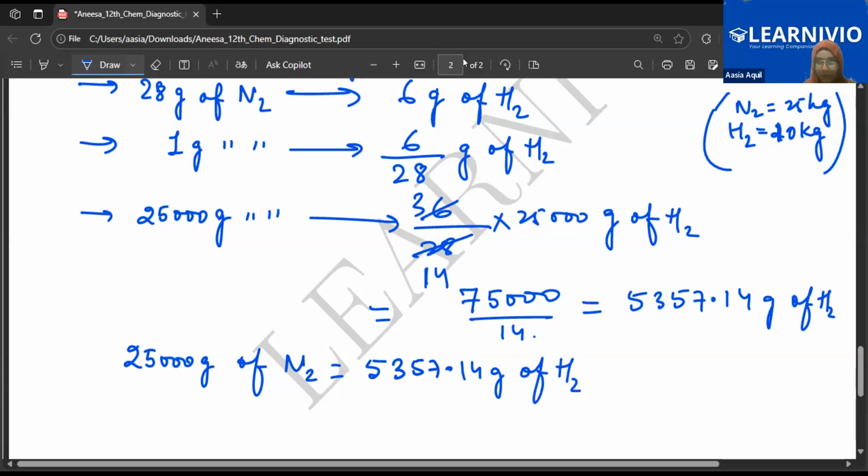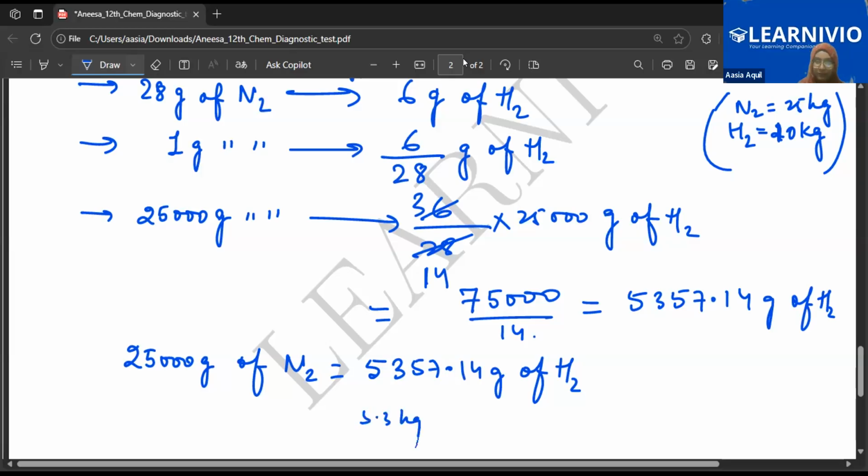When you convert this, you will get 5.3 kg, right?